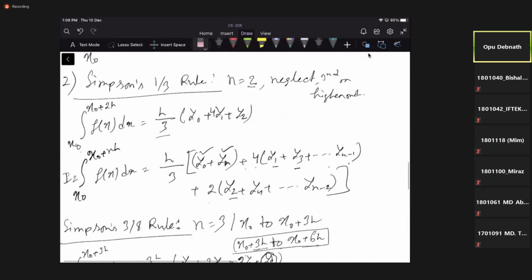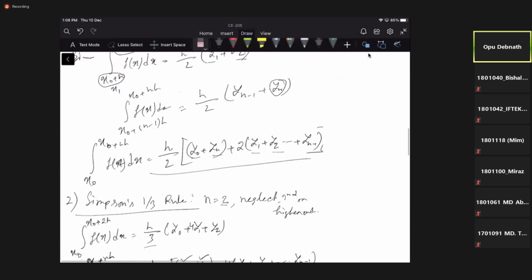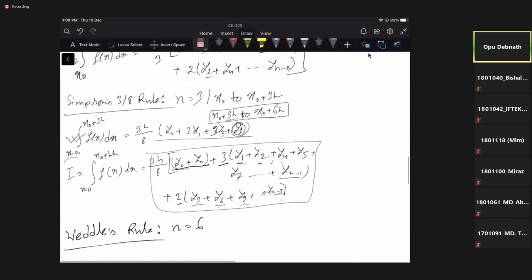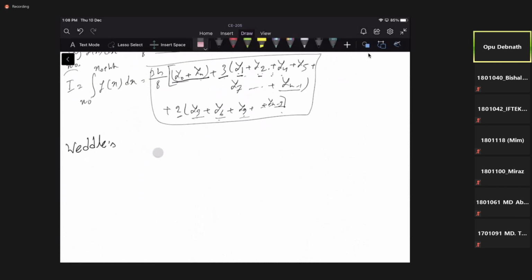I think Weddle's rule we may discuss in the next class. So now we will take an example to explain all these methods. We'll close today's class with an example to explain how we can apply these rules.